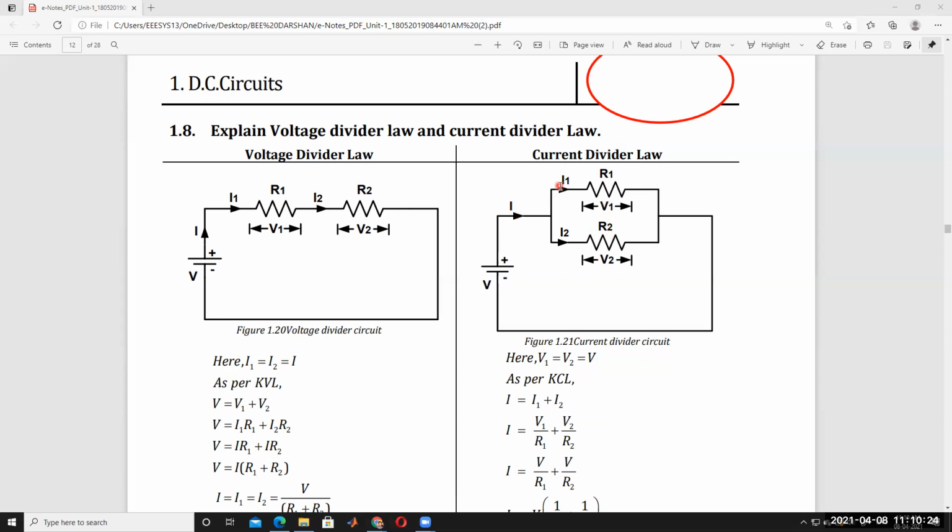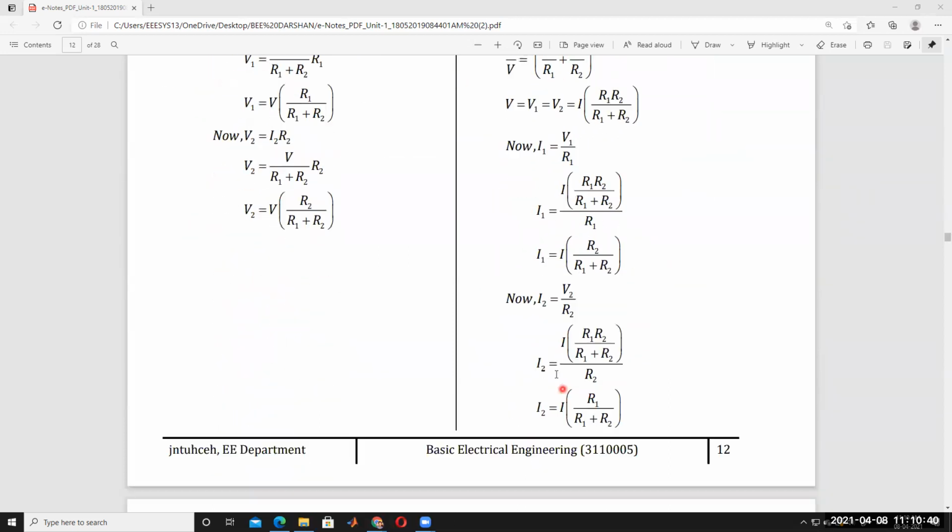That is I1. And how to find I2? The total current into the opposite resistor here, R1, by R1 plus R2. That is I2.